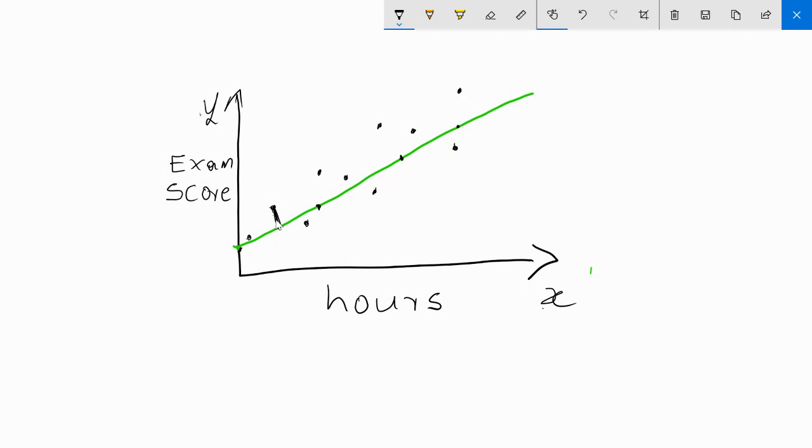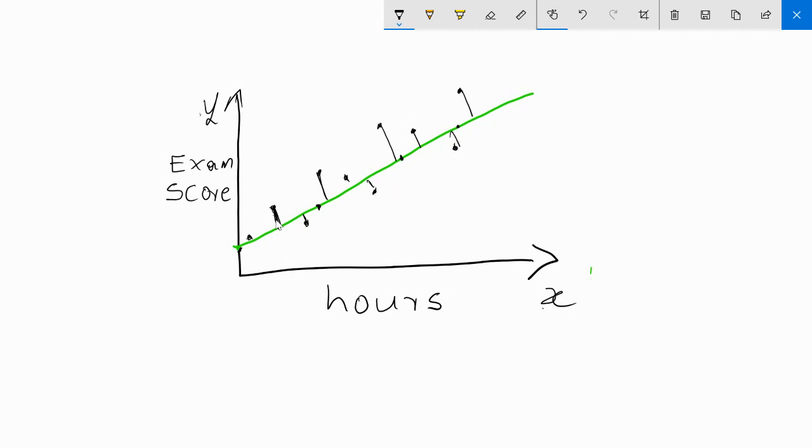So the question is, what happened here? Why is this point not on the line? The same applies to this one. It's also not on the line. Even this one is not on the line, and this one is also not. So you can see a majority of these are not on the regression line.